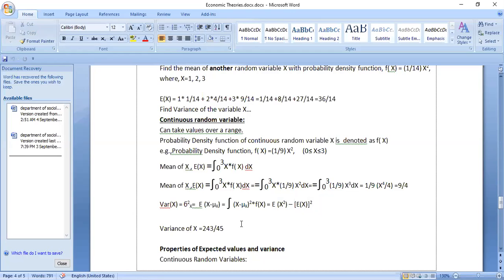How do you find the value of expected value of x squared? Look how we found expected value of x. So how do you find the expected value of x squared?